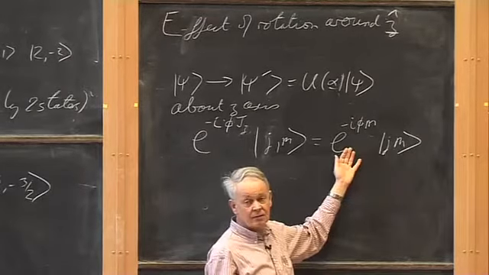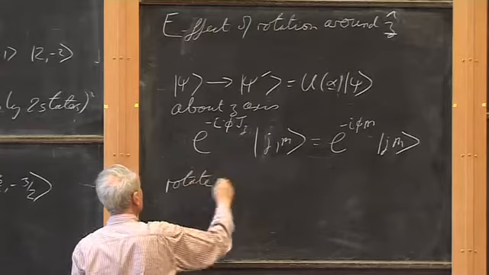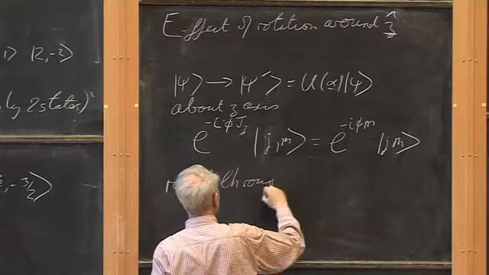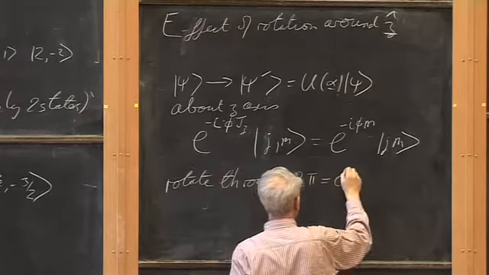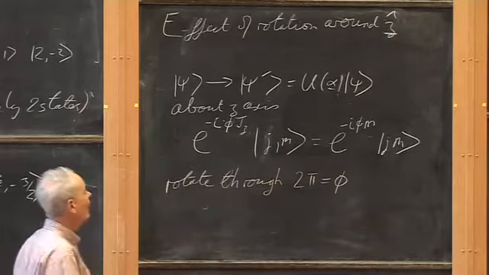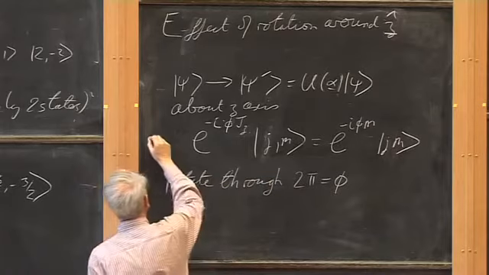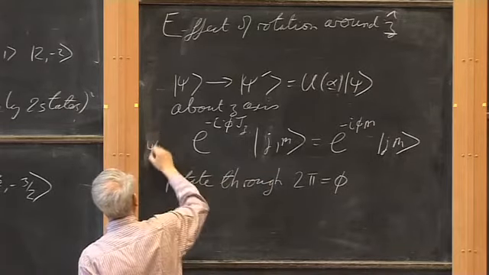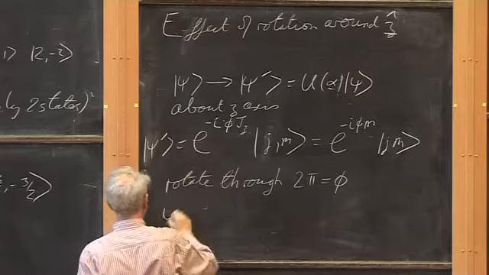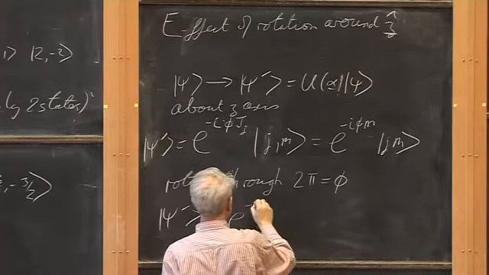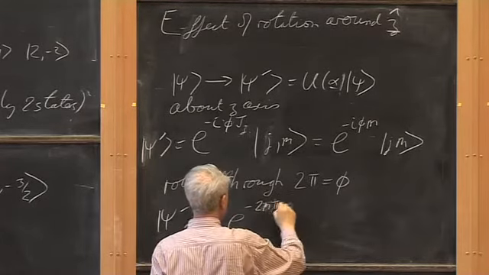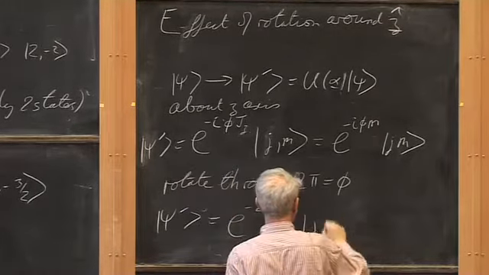So if we rotate through 2 pi, if we rotate the thing completely around, so if we put phi to 2 pi, we're going to call this psi primed. Psi primed is going to be e to the minus 2 pi i m times jm.